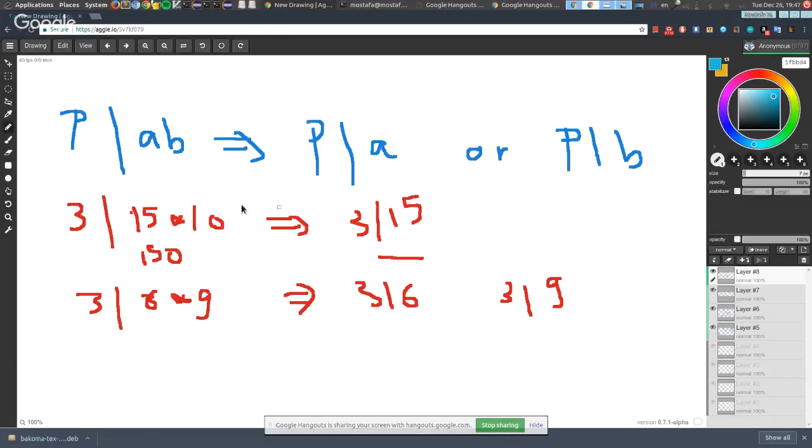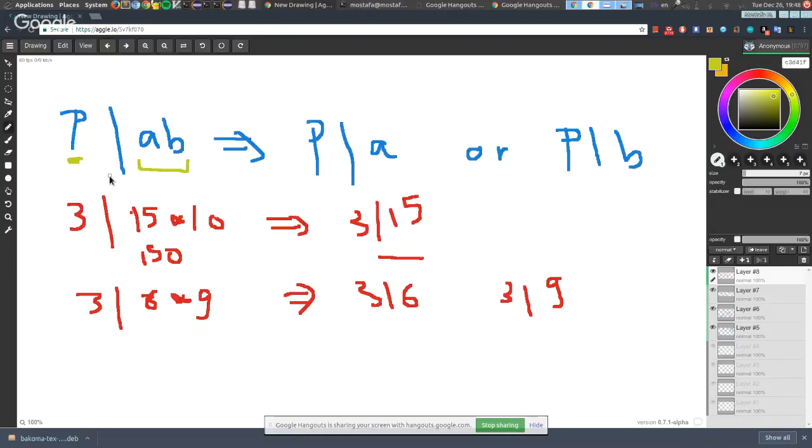Now the reason behind this theorem. If the prime number divides this product, it means it will divide one of the parts at least. This has to happen because you cannot divide a prime number into two parts.